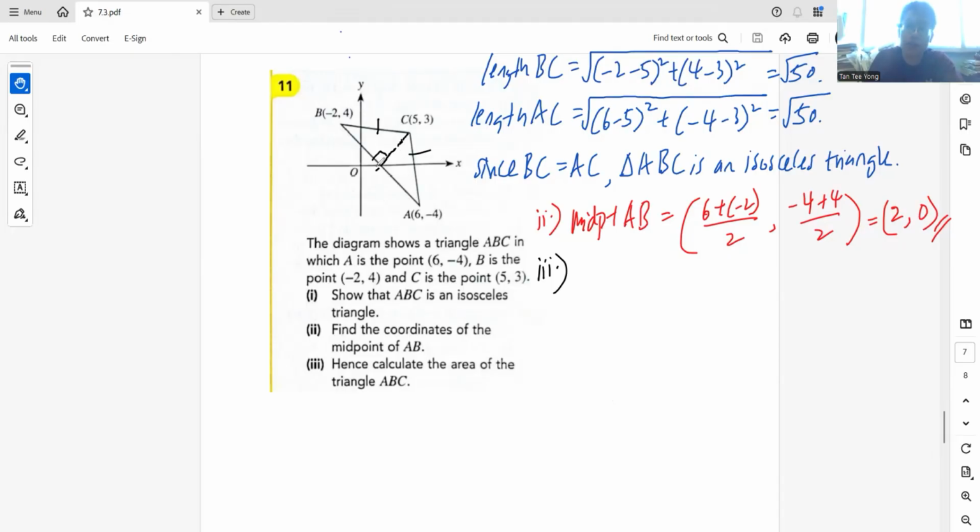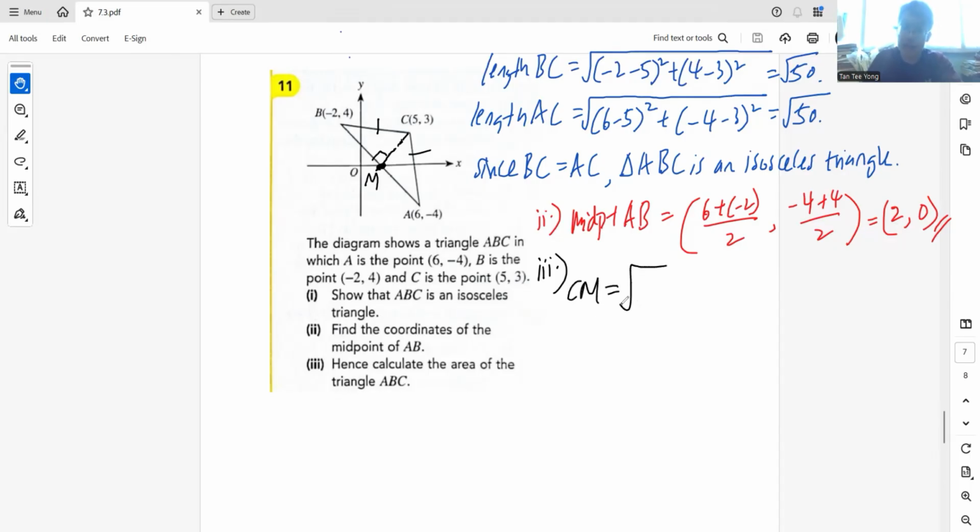Because we found the midpoint here, and this is an isosceles triangle, this perpendicular line will also cut through M. So the midpoint is M. We have to find CM first.